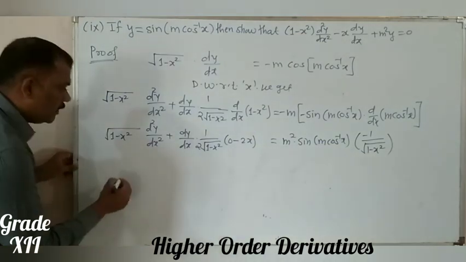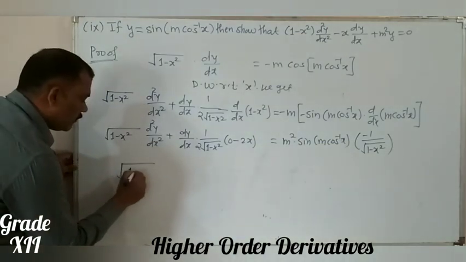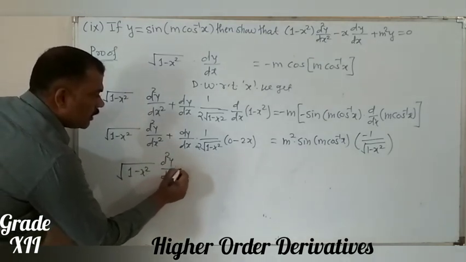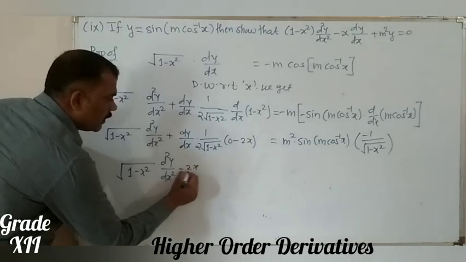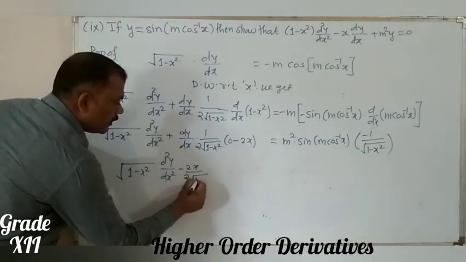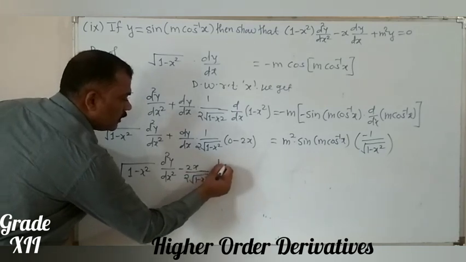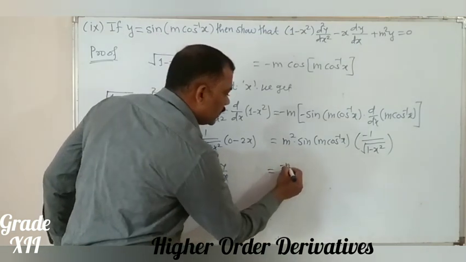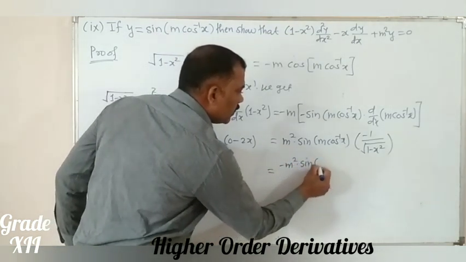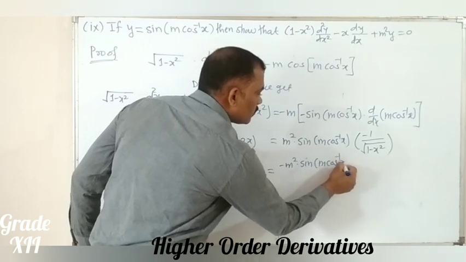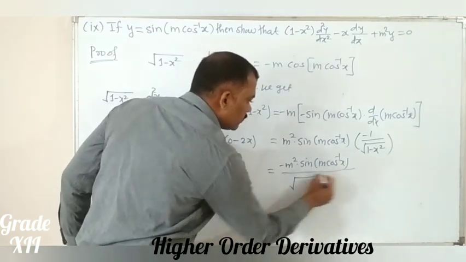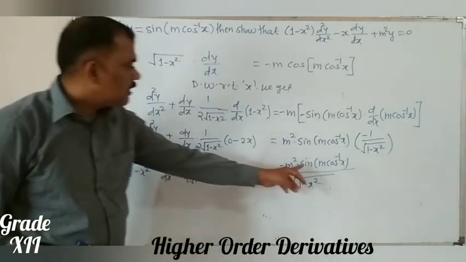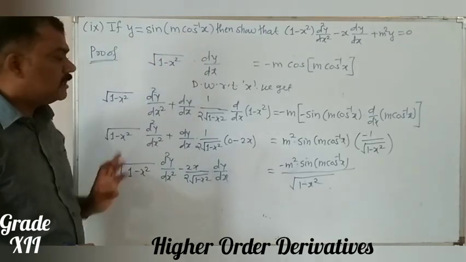So this will be written as under square root of 1 minus x square into d2y by dx square minus 2x divided by 2 times under square root of 1 minus x square into dy by dx is equal to, here we can write, minus m square into sine of m cos inverse of x divided by under square root of 1 minus x square. Okay, here we can say that sine of m cos inverse x is nothing but y.